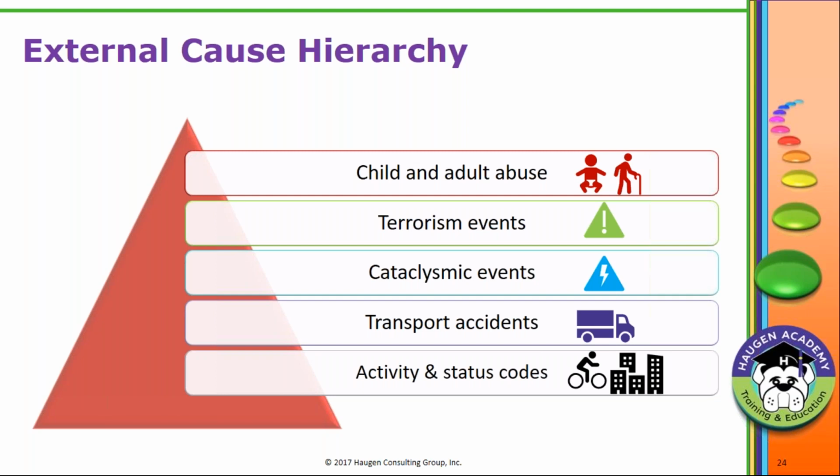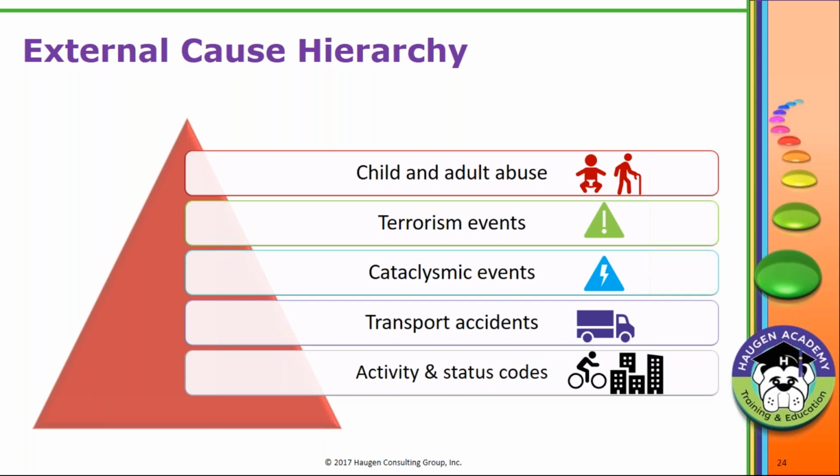At the very top of that hierarchy, the codes that trump all other codes are the child and adult abuse codes. And that is followed by terrorism events, which is followed by cataclysmic events. Those are your tornadoes and hurricanes and all the crazy things that we've been hearing about lately.